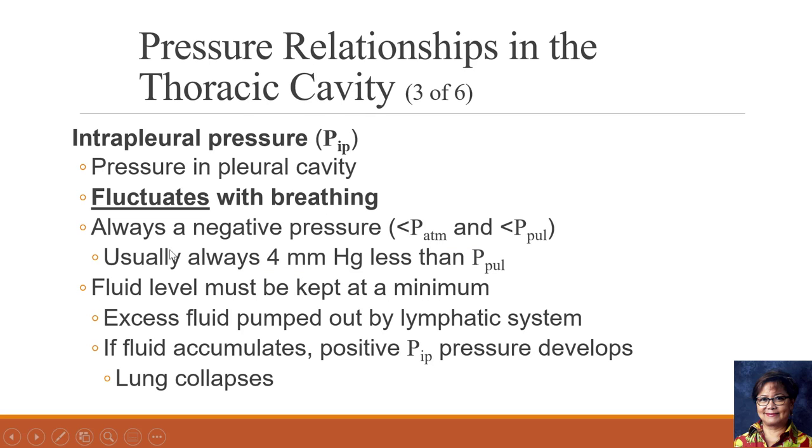The intrapleural pressure is the pressure found inside the pleural cavity. So what is the pleural cavity again? According to our anatomy last week, the pleural cavity is the cavity between the lungs and the parietal wall of the thoracic cavity.